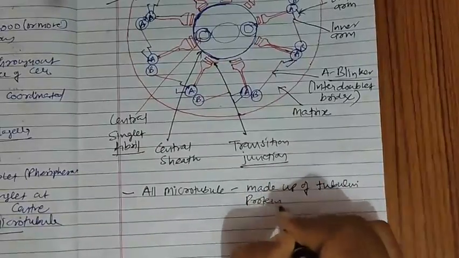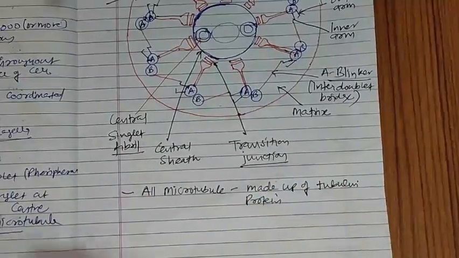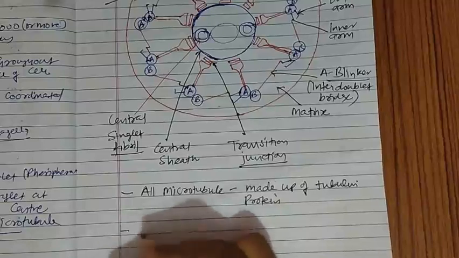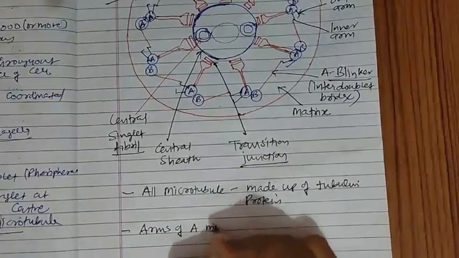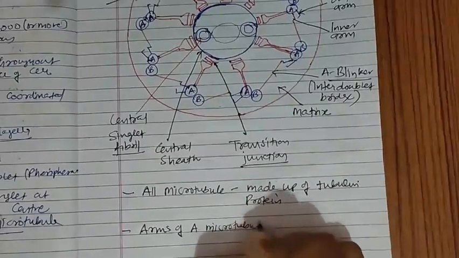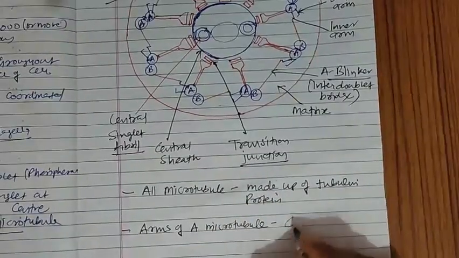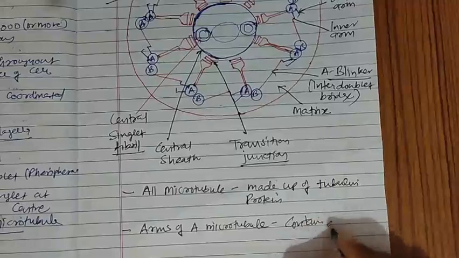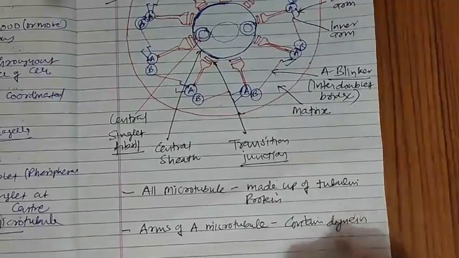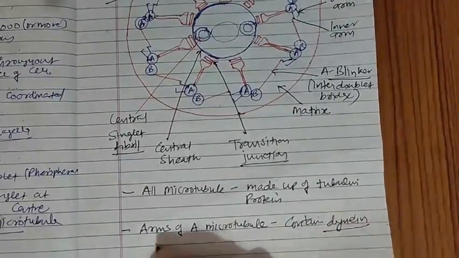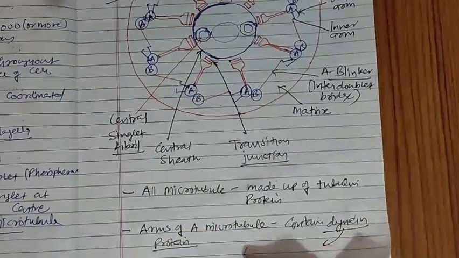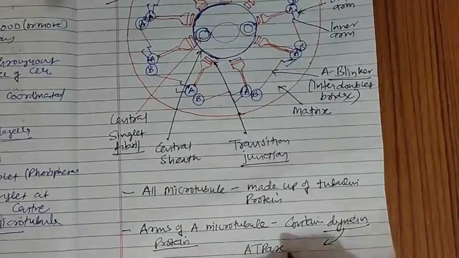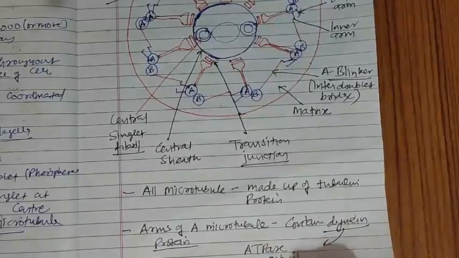Arms of a microtubule contain dynein protein, and this dynein protein has ATPase activity.